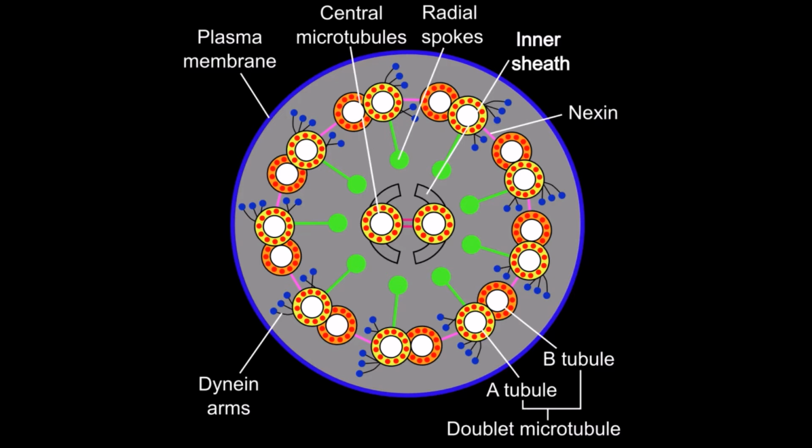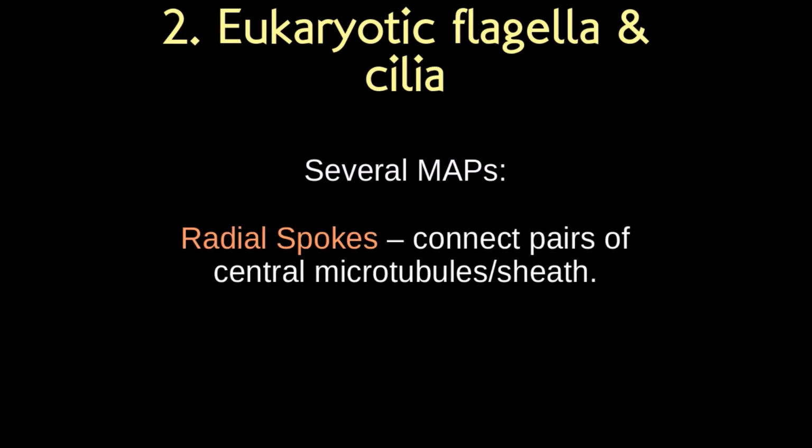So that's the basic microtubule structure of the cilia or the flagella, but we also have several microtubule associated proteins, or MAPs. The first one are these radial spokes. These are proteins that are connecting the microtubules of the sheath to the central portion of the cilia or the flagella.